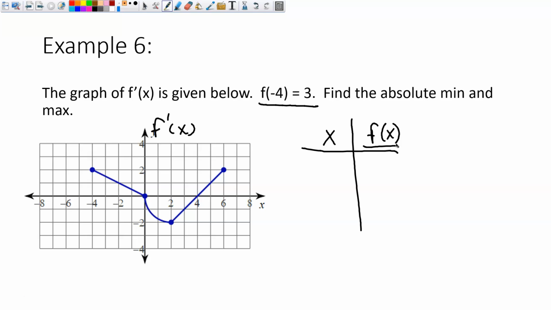Close. What are we trying to find? The absolute min and max. Good. And what are those? The y values. So y values, right? So if you put your derivative here, what are you finding? You're finding the slopes, right? But if you do f of x, you're finding the y values, right? Yeah, good job. Sorry, I forgot to end that with good job. You did it.